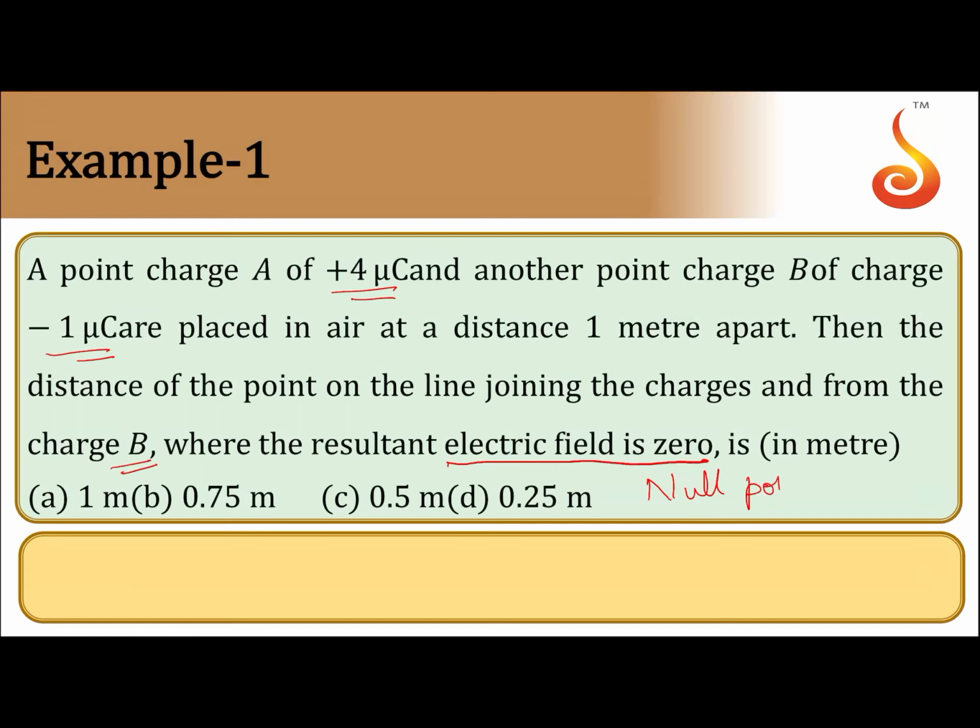So we need to find the null point, the distance of the null point to be measured from 1 microcoulomb, that is the weaker charge, compared to 4 microcoulomb. Don't compare with the signs. Sign is just to distinguish the two different kinds of charge. So negative, positive, that doesn't matter. Weaker charge is 1 microcoulomb, smaller charge is 1 microcoulomb only. So we need to find the null point from the weaker charge.